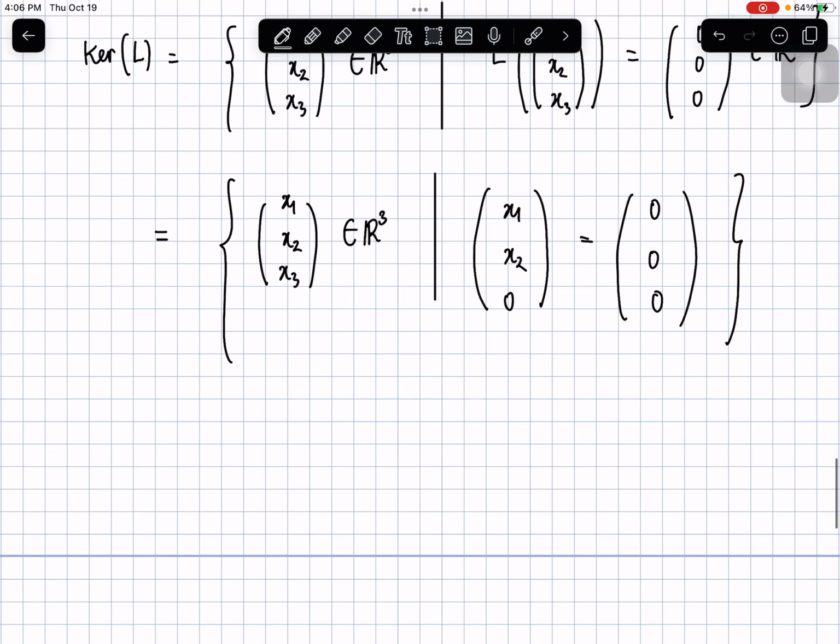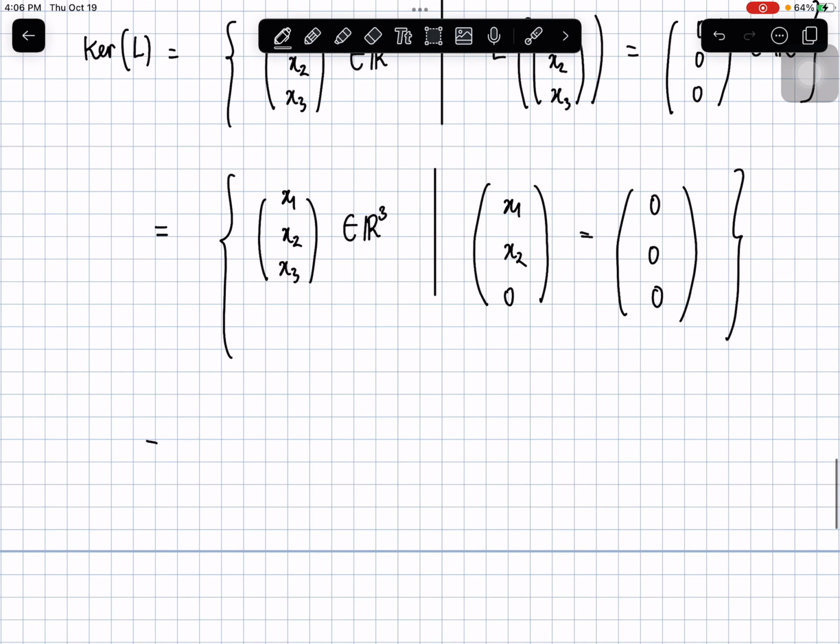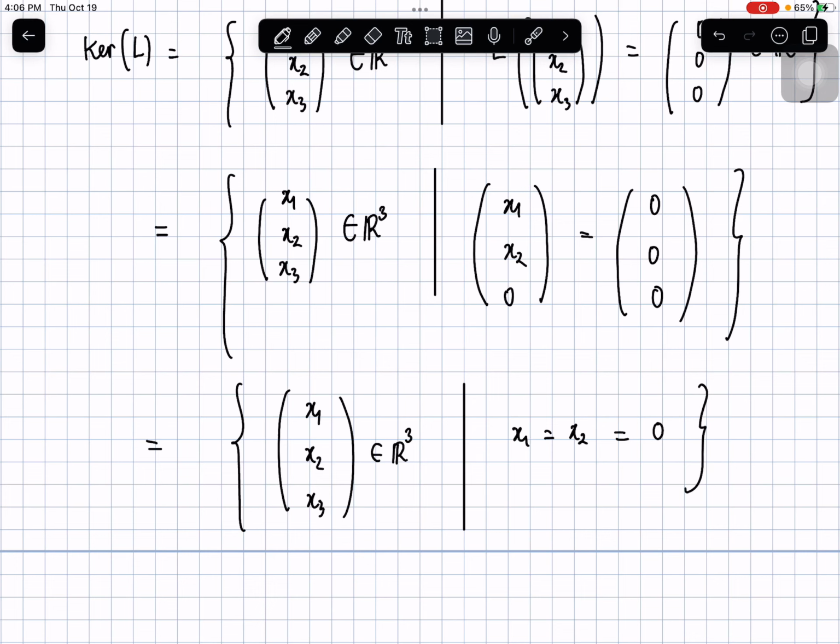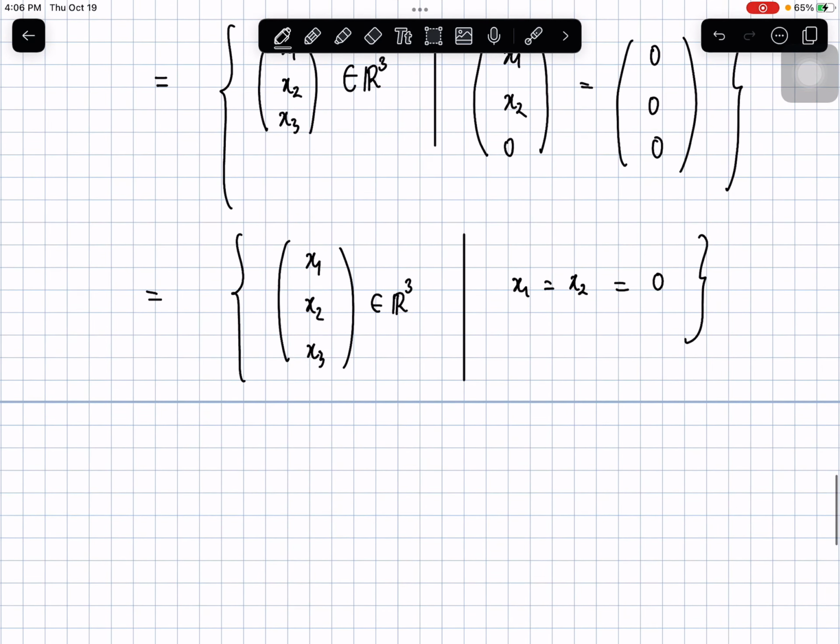This gives us x1, x2 are 0. So the set of x1, x2, x3 in R3 where x1 equals x2 equals 0 and x3 can be chosen arbitrarily. And this gives us that the kernel is the set of points of the form 0, 0, x3.